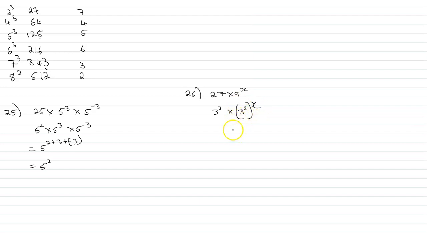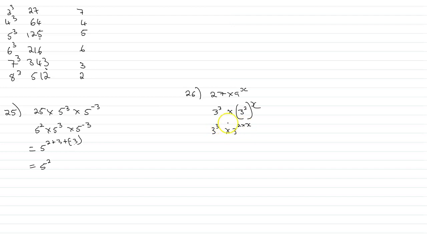Then we simplify by using the power rule, which means it's 3 to the power of 3 times 3 to the power of 2 times x. Then we have almost our answer. We just need to solve it further.